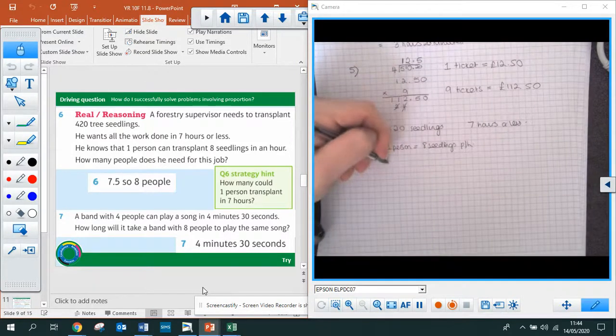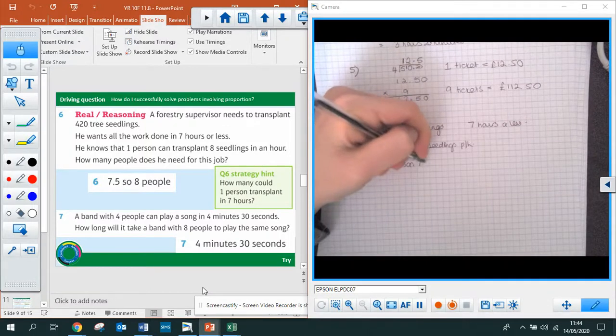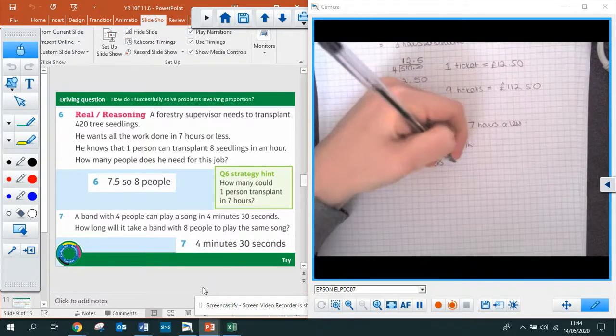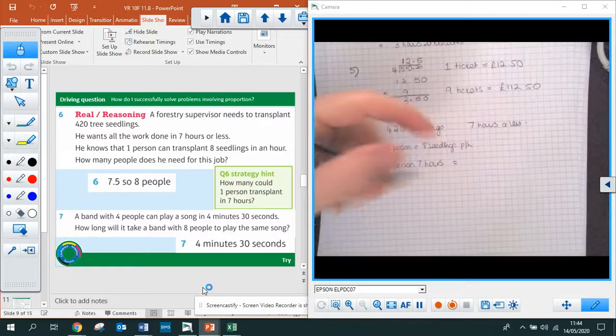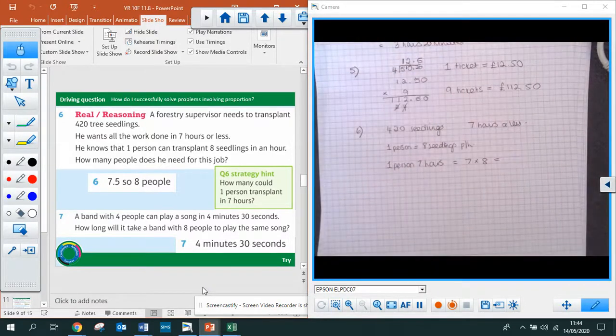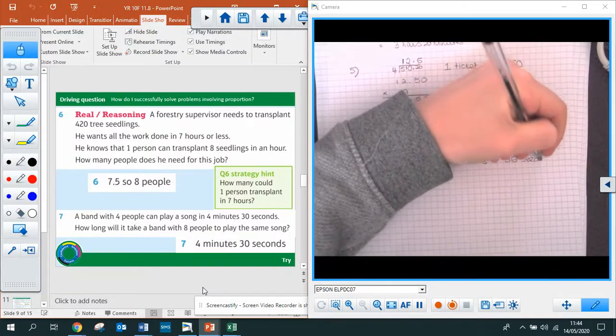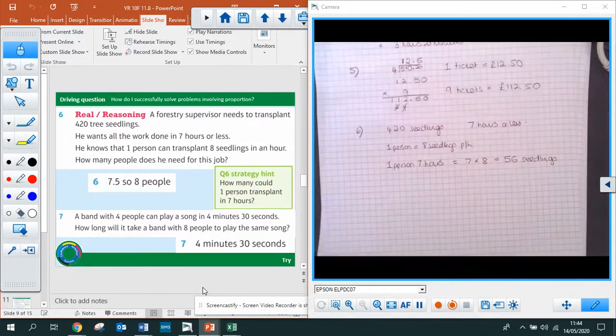So one person is going to take 7 hours to transplant, and then we're going to do 7 lots of 8 seedlings because he does 8 an hour. So you need to do 7 multiplied by 8. That gets you to 56 seedlings in 7 hours of work.